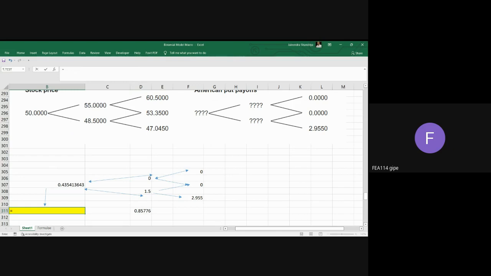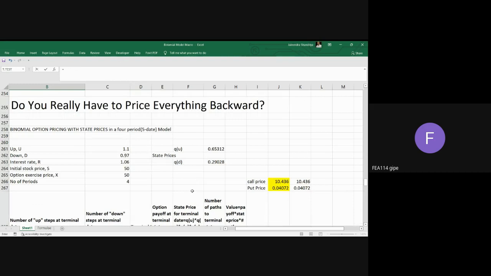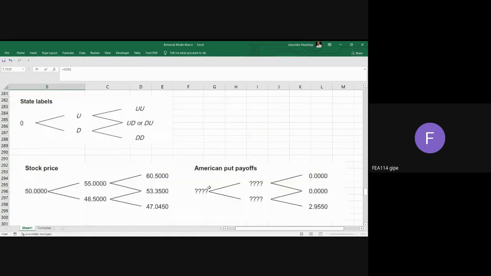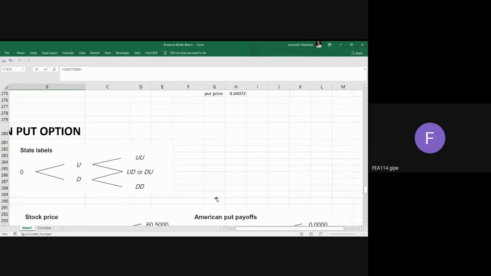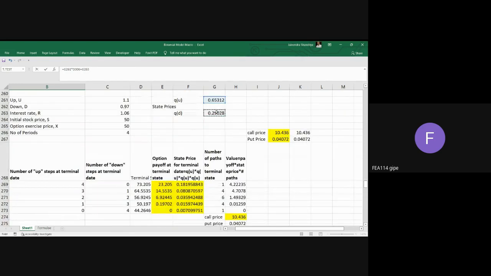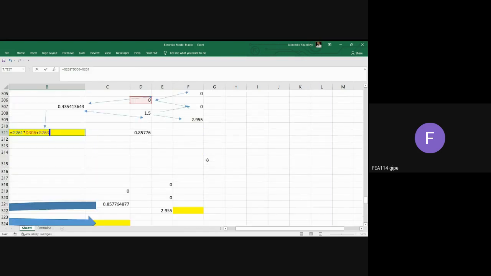So QU into 0. Let me write it so that you don't forget. So QU into this up price, which is 0, plus QD into this down price, and then I get the value of the American put option.